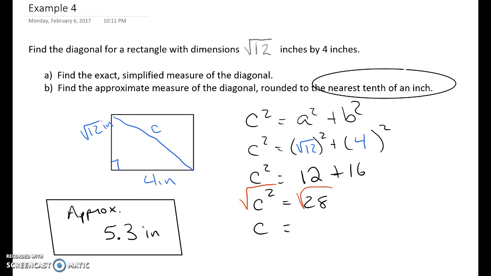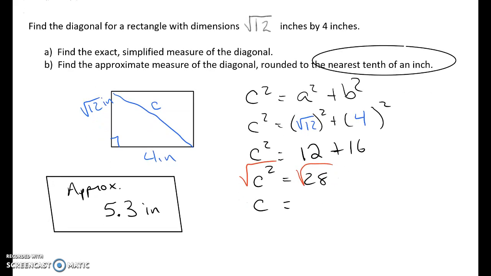Now, when I finish my simplifying of my root, I want to make sure I also get 5.3 inches if I put that into my calculator. So I have the square root of 28. Again, I'm trying to think of my list of perfect squares and find the largest perfect square that is a factor of 28. That is 4.